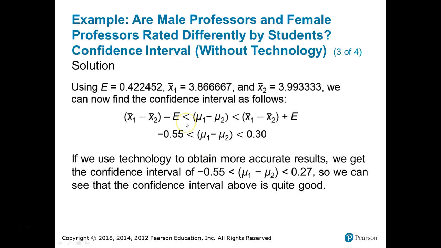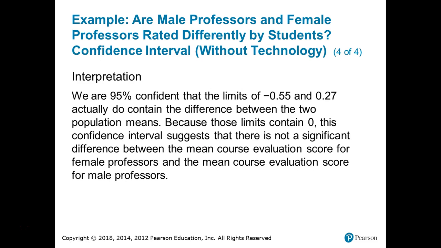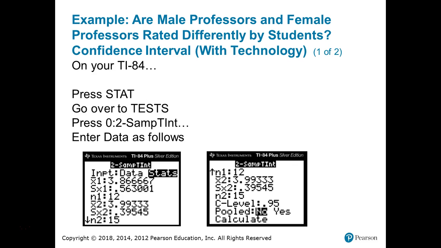Plugging into your interval ranges, you get a lower limit of negative 0.55 and an upper of 0.3. Notice how one is negative and one is positive, so it is passing 0. So we are 95% confident the limits of negative 0.55 and 0.27 contain the difference between the two means. Because the limits contain 0, it suggests that there is not a significant difference between the mean evaluation for male and female professors.